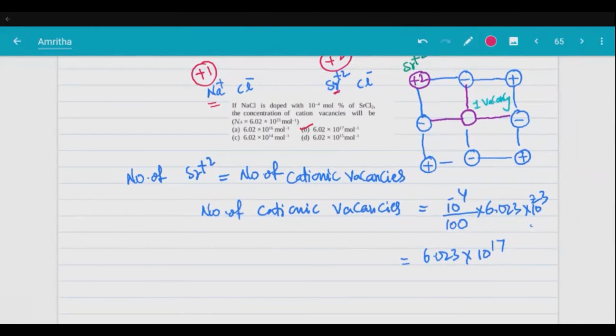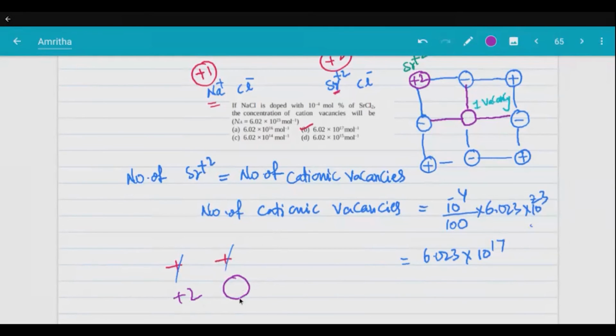What we are doing here is removing two +1 charges and replacing them with +2. So the charge gets balanced, no? We removed 2 Na plus, and that is replaced with one Sr+2. So very simply, I removed 2 plus charges, but to balance the charge I kept one +2, so that one position is left vacant, right?